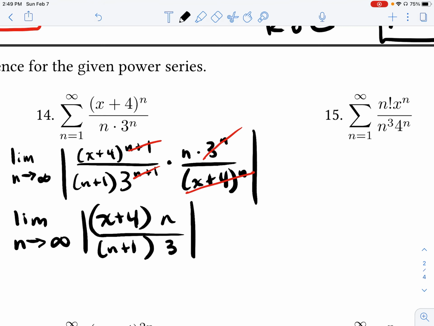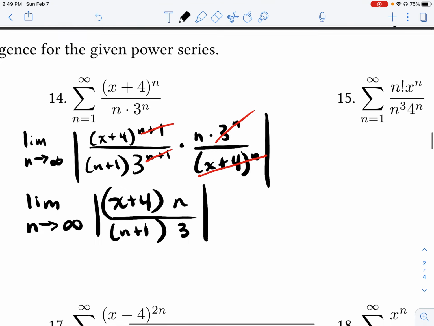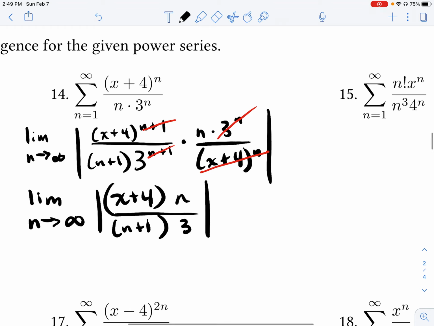And we're checking to see when this would be less than 1. So what is the limit of all of this? Well, I'm going to move everything that isn't affected by me finding the limit to the outside. So that's x plus 4 and 3, so x plus 4 over 3.